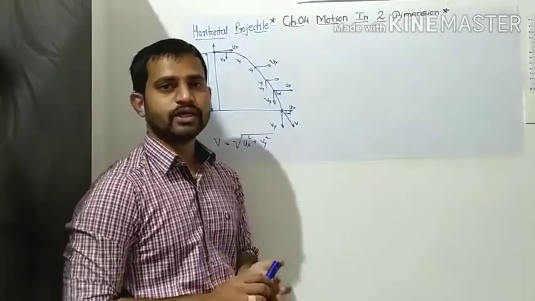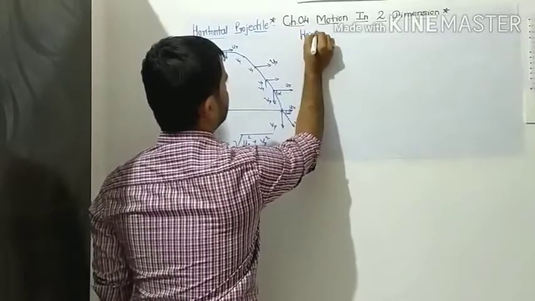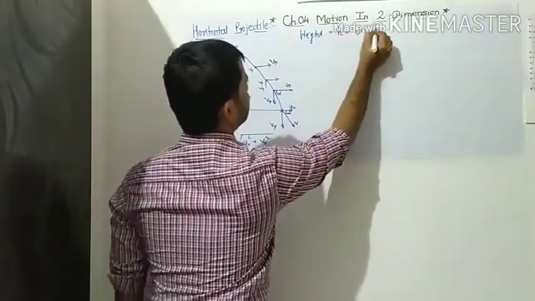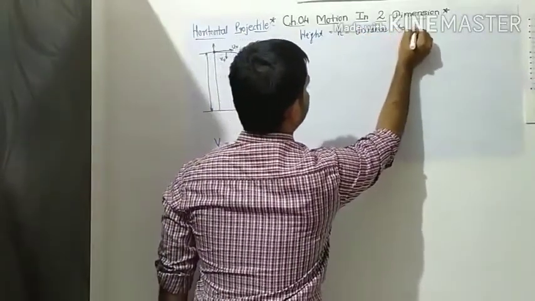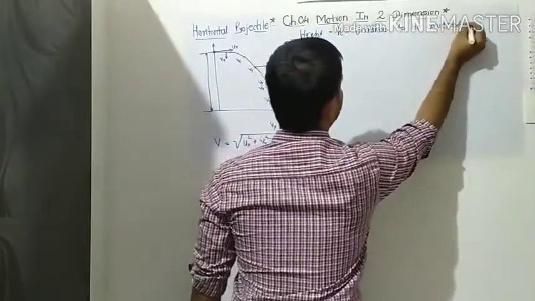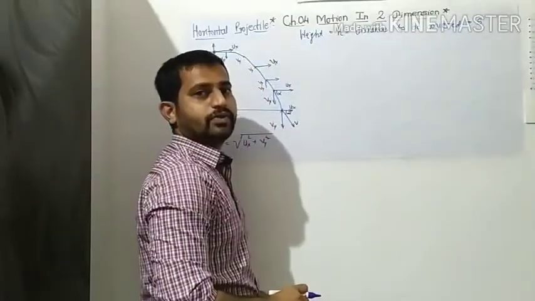So the height h is equal to the distance to be covered, s.